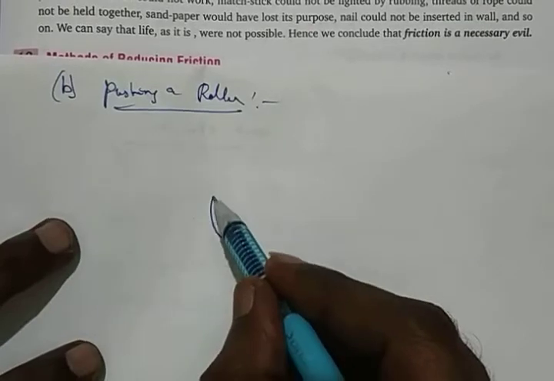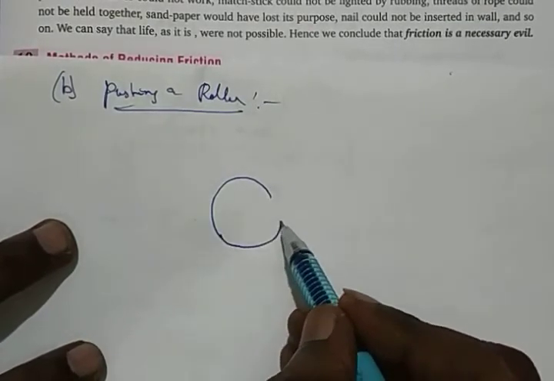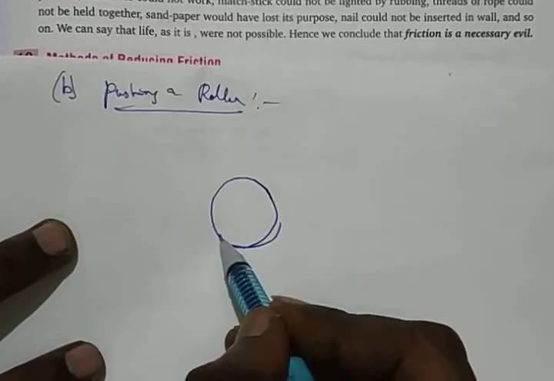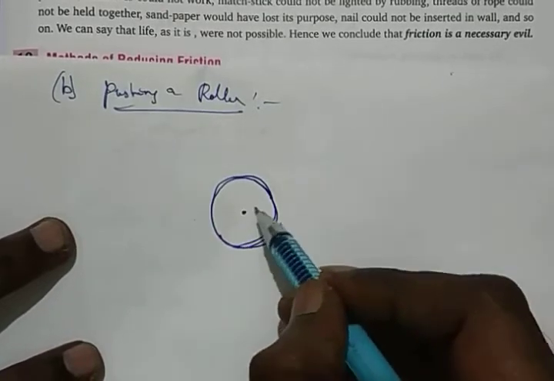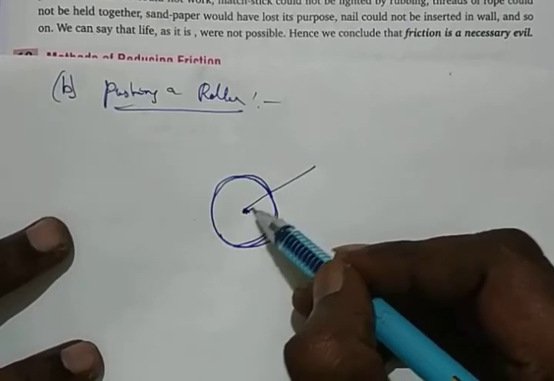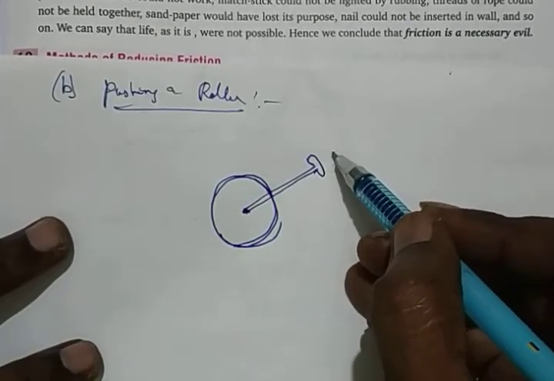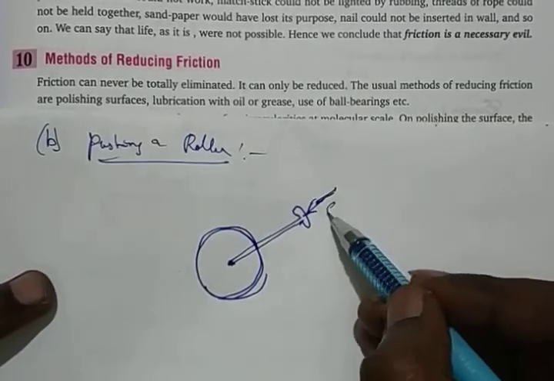So similarly, make a diagram of a roller. So there is a roller here. Now you are pushing the roller here, and this is a handle here. Now this handle, you want to give a push here. The push here will give a force in this direction.